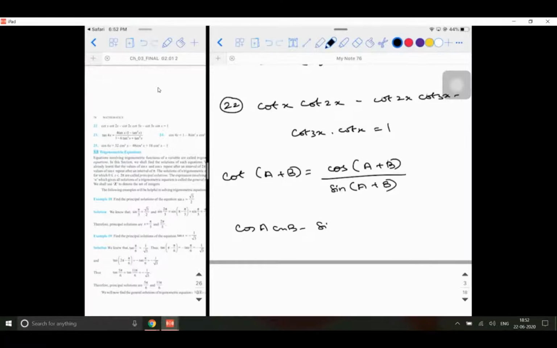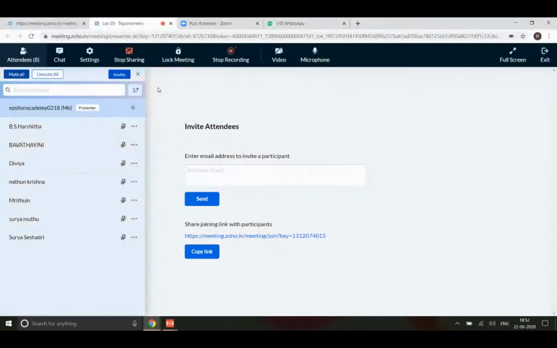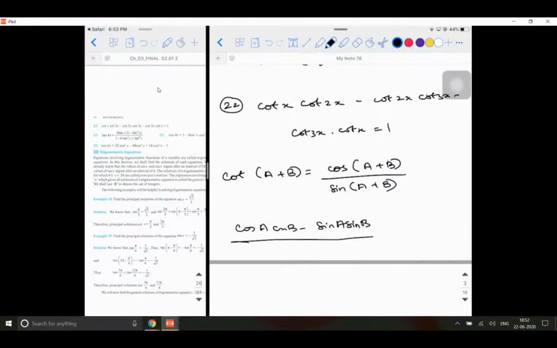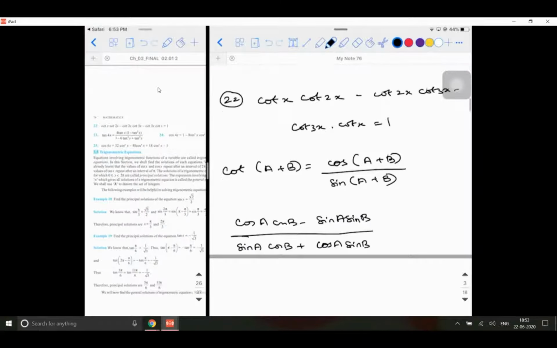So cos A cos B minus sin A sin B, the whole divided by, wait, Divya, what is sin of (A plus B)? Sin A cos B plus cos A sin B.